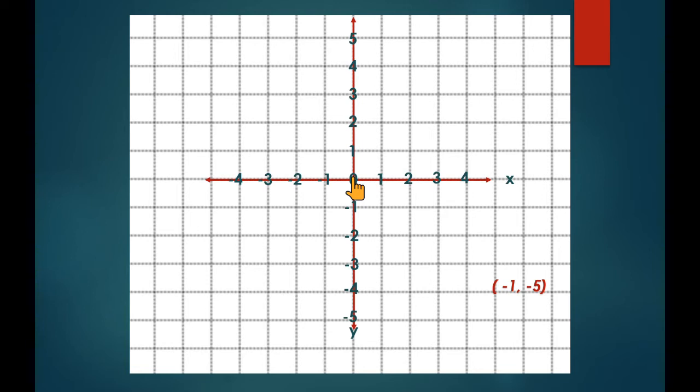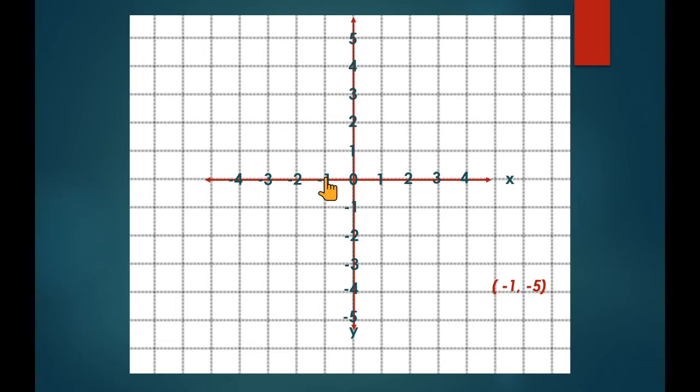So, sabi dun sa points natin, sa coordinate natin ng points, ay -1 daw yung x. So, -1 yung x, -1 horizontally. So, ibig sabihin, pupunta tayo ng 1 unit to the left. Yan. E di yan na yung sa may x. Pero hindi pa natin lalagay yung point kasi wala pa tayo dun sa -5.